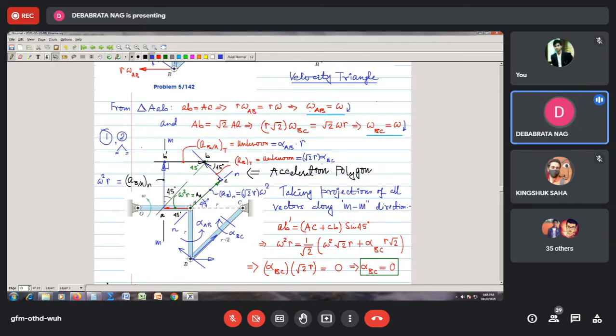This will automatically give you two independent equations by which you can directly solve for your unknowns. This is the algorithm you need to follow throughout all your problems in this chapter, when we are specifically dealing with a reference frame which is translating only, a non-rotating reference frame.